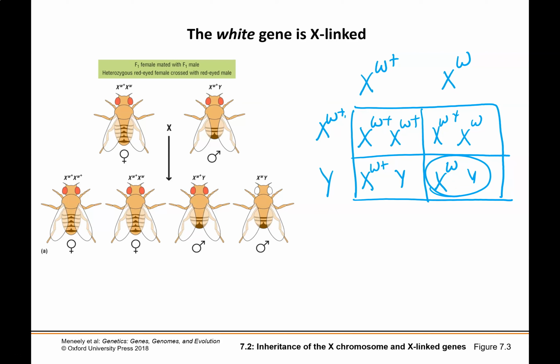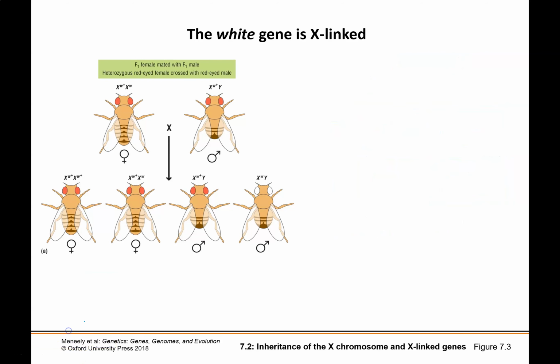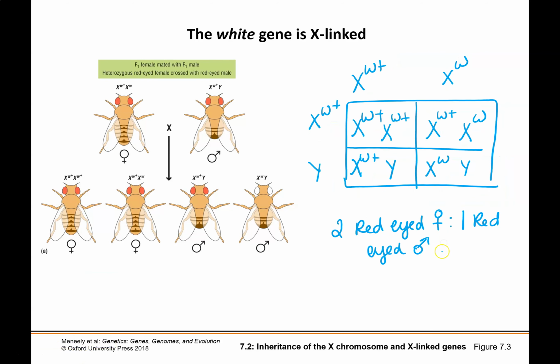So when we write out our ratios for a sex-linked trait, you have to indicate the differences between males and females in your ratios. So we're not just going to say that this is 3 red eyes to 1 white eye. We are going to say that this is 2 red-eyed females to 1 red-eyed male to 1 white-eyed male.